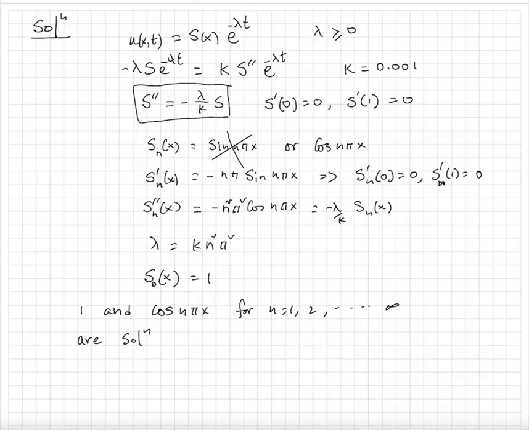I have just intentionally taken one separately. You could say cos n pi x is a solution for n from 0 up to infinity. That also works, it's the same thing.